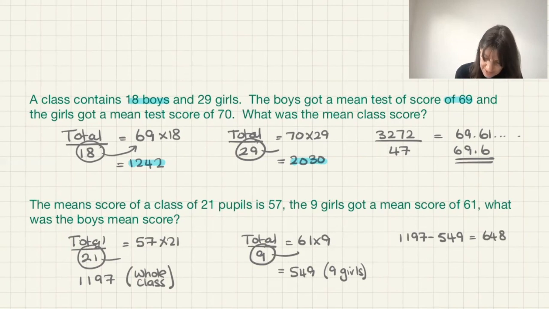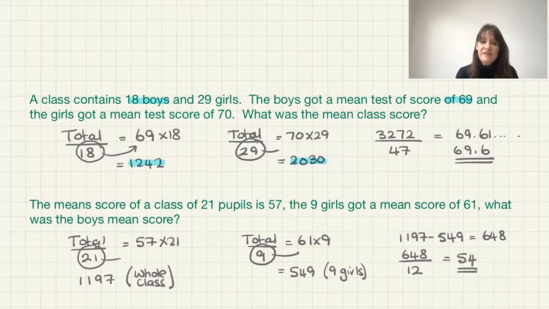I'm going to take the 648 and divide by how many boys there are. If there's 21 in the class and 9 of them are girls, then that means 12 are boys. 648 divided by 12 is 54. So the boys' mean score was 54.